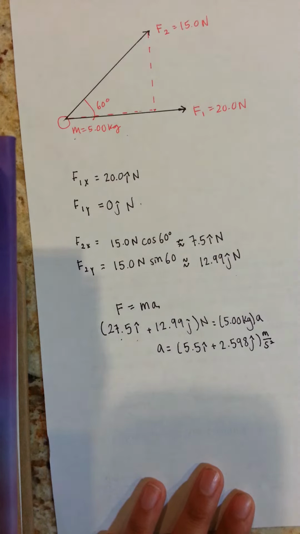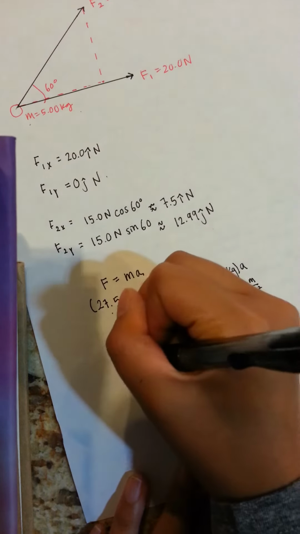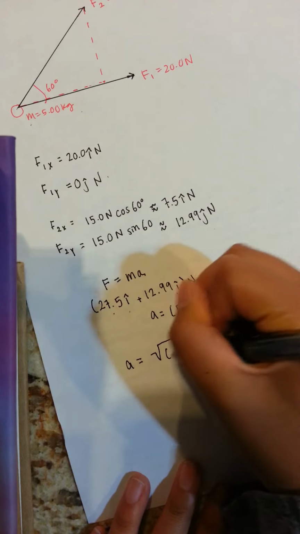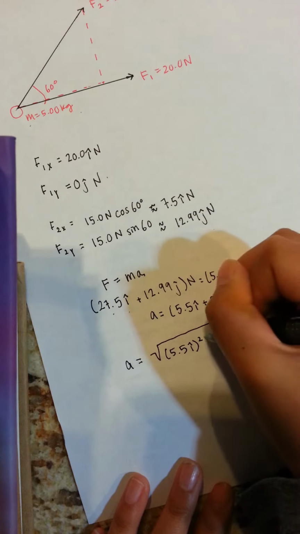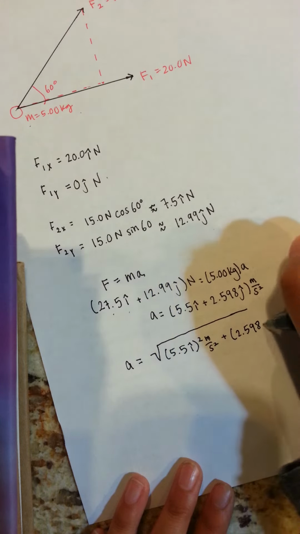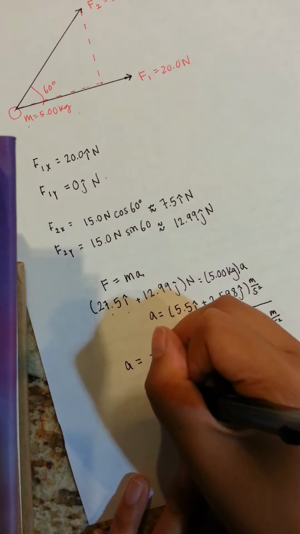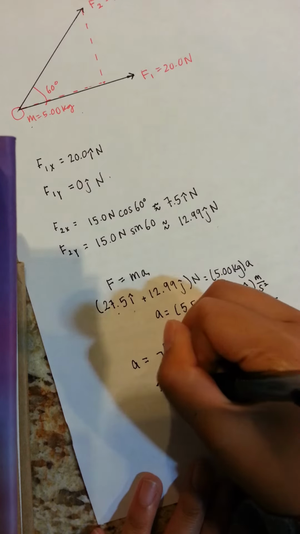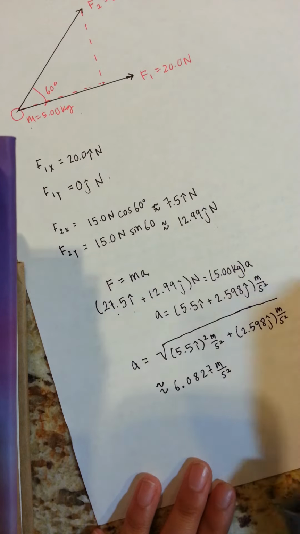But then you need to obviously find the magnitude of this because you can't leave it in this format. So the same steps are taken like in part A. And put it into the calculator, you get 6.0827 meters per second squared.